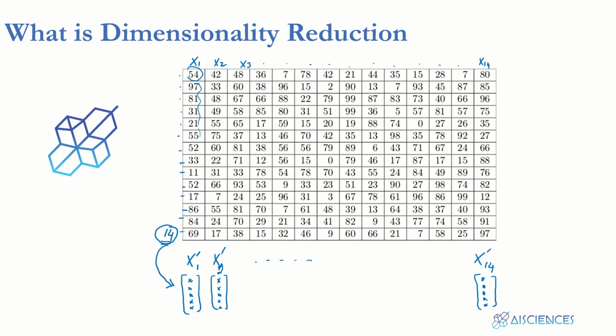Well, how to do dimensionality reduction? There are a lot of ways. Actually, we have a full-fledged course on dimensionality reduction and feature engineering. If you see in the description, you will find the links, and we have explained that in detail. Obviously, one way is better than the other in certain situations.